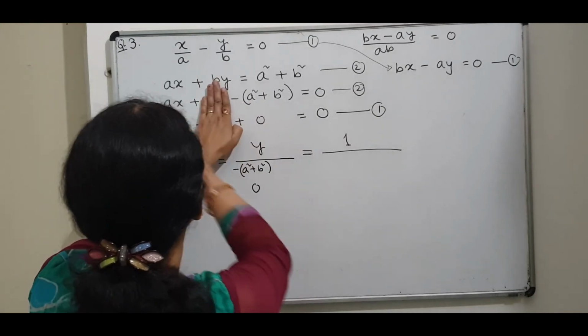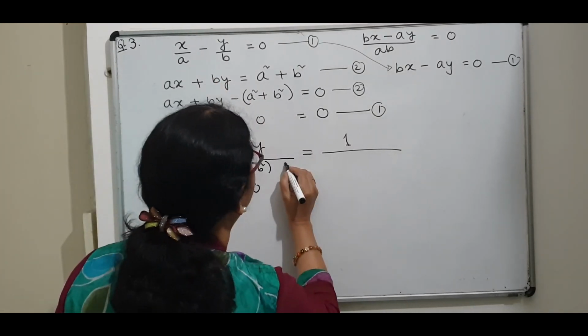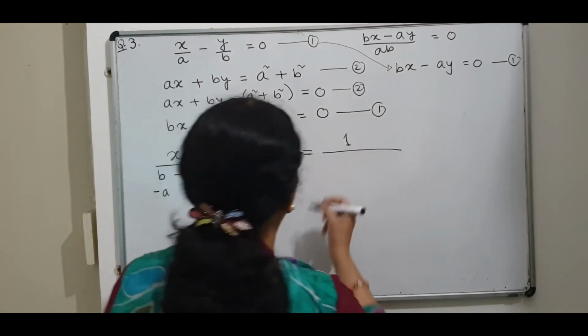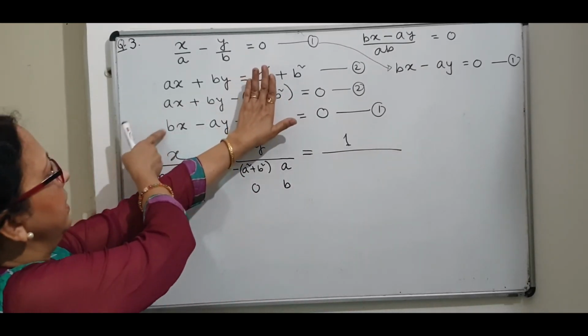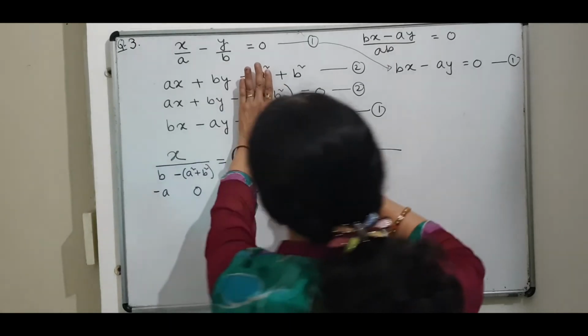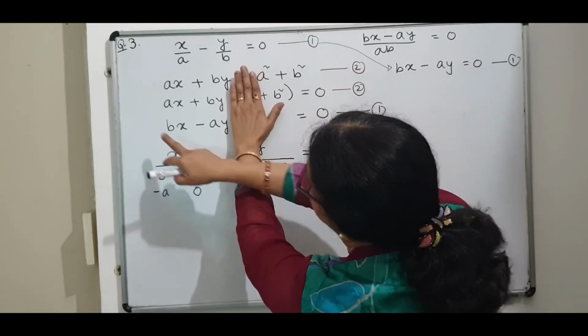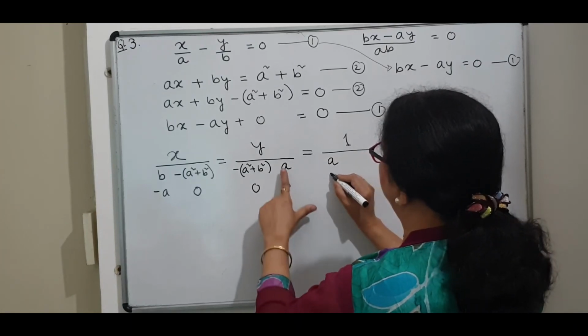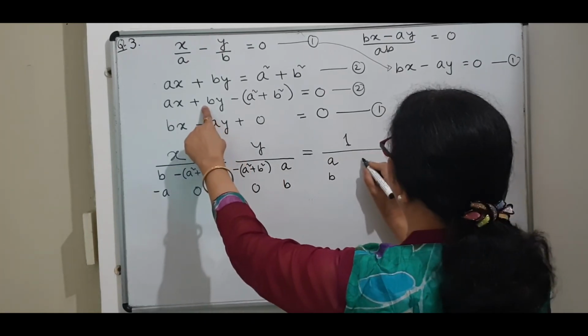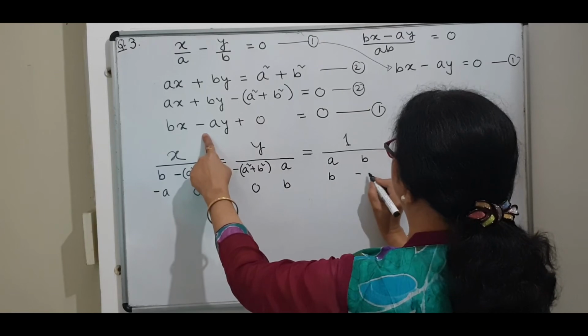Covering y, this I've written. Then for 1, I have to cover the constant, so a, b and b, minus a. When I cover this, as you see, a, b, minus a. So this a, b will come here, a, b and b, minus a.